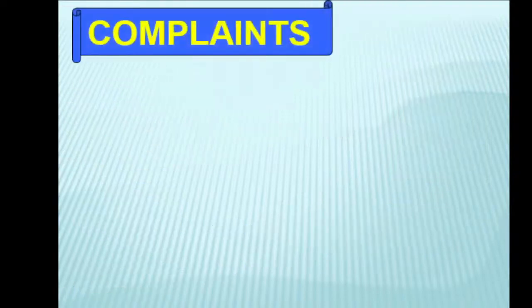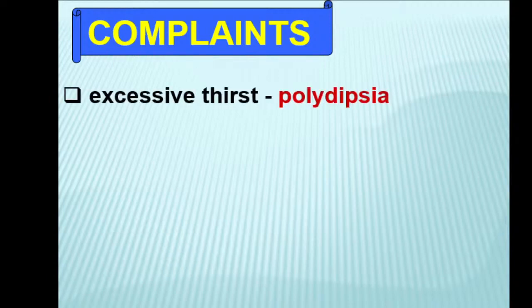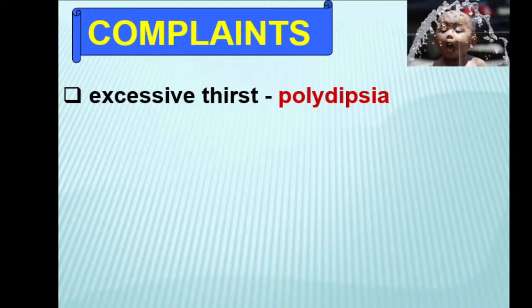Let's stop on the main complaints of the patient with diabetes mellitus. First of all, and as an early sign, it is polydipsia. The patient feels excessive thirst. He drinks 3, 5, or sometimes more liters of water per day.